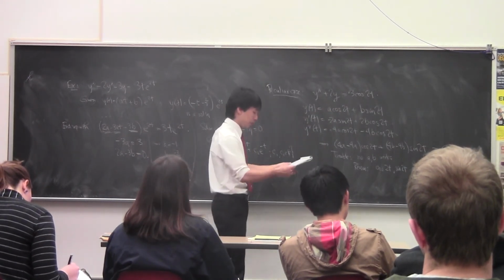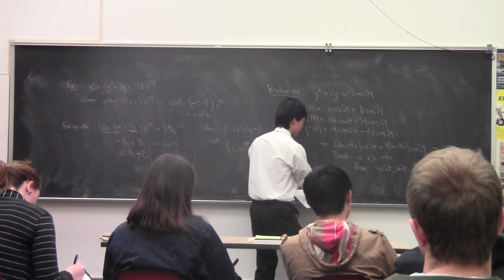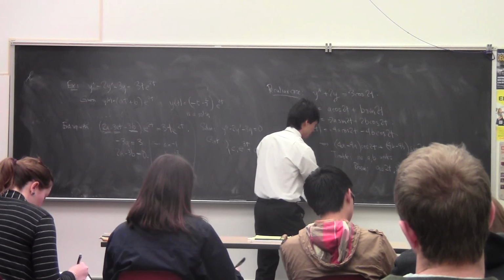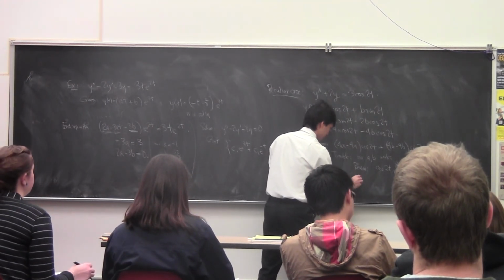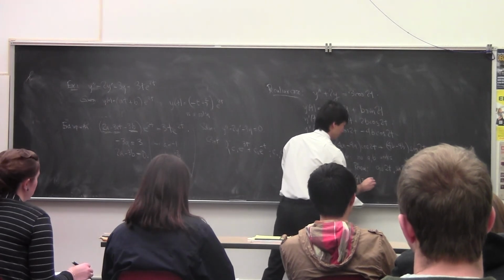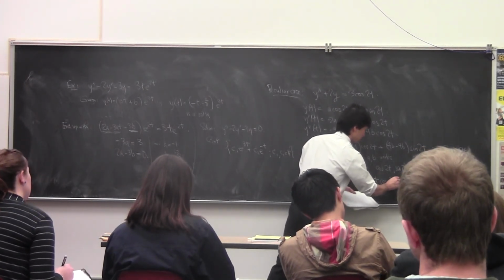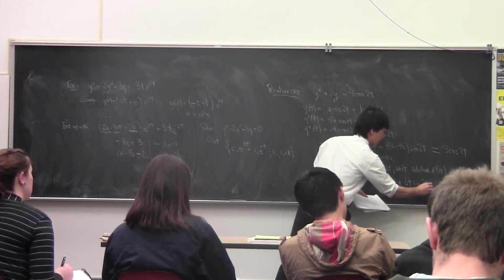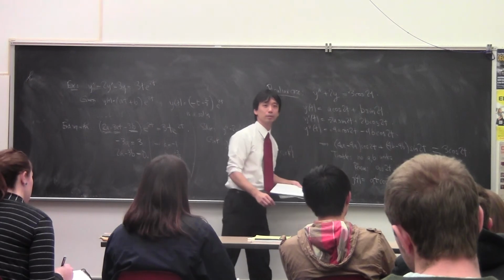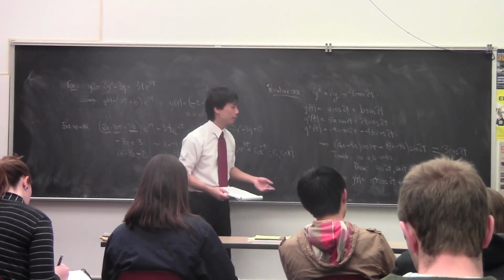So in that case, you play a trick. You guess that y is a t cosine 2t plus a t sine 2t. You multiply them by t, and you keep going from there. That could also fail.